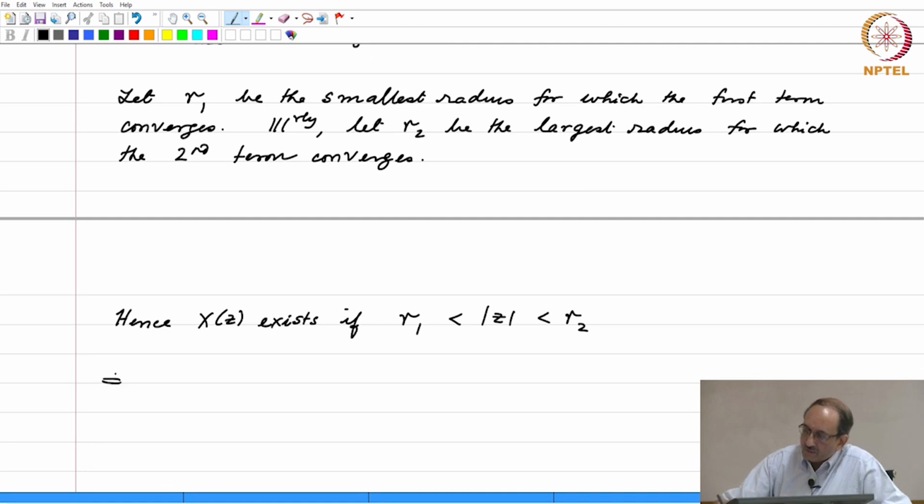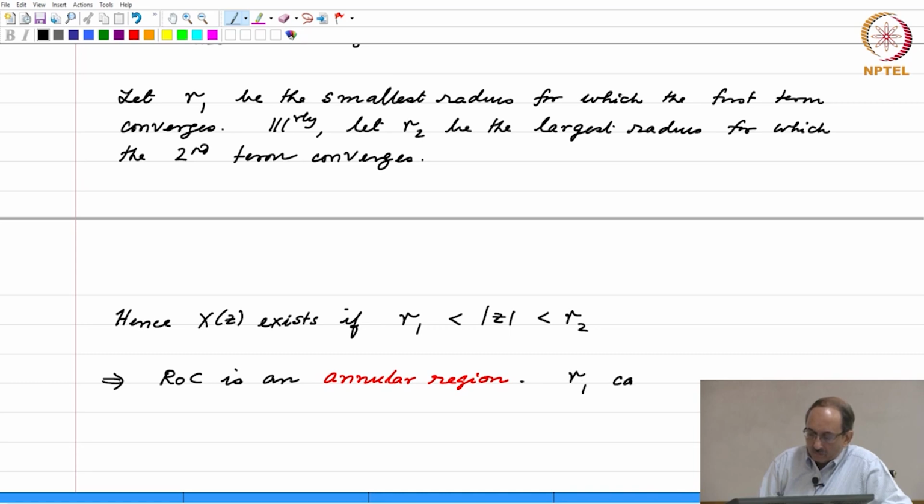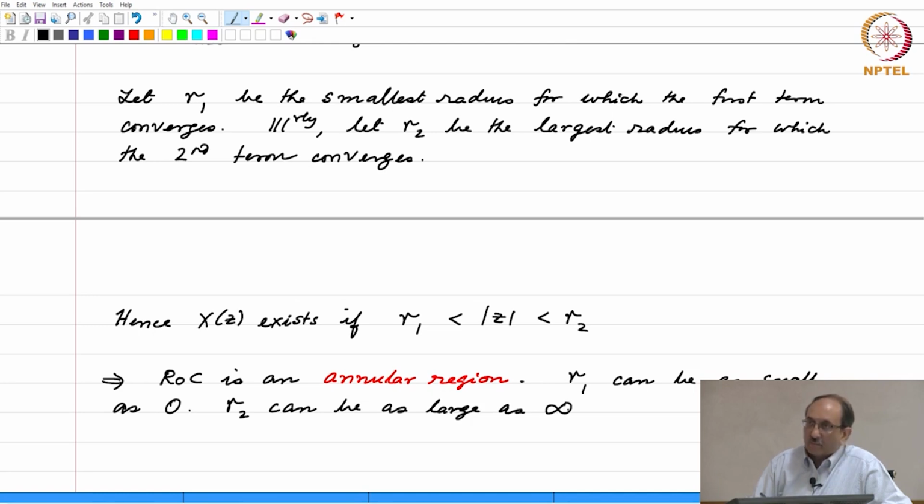So, this implies that the region of convergence is an annular region. And R1 can be as small as 0, R2 can be as large as infinity.